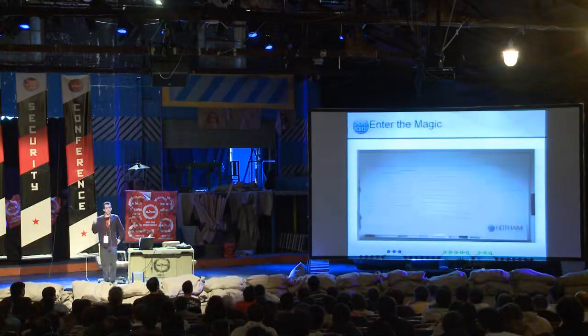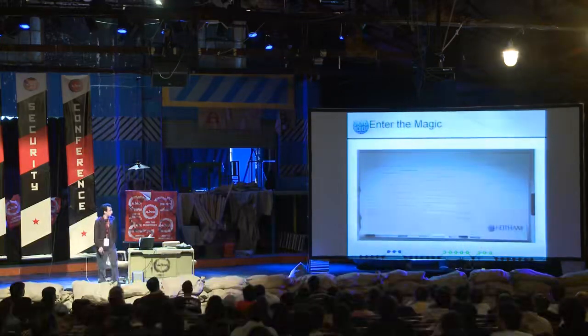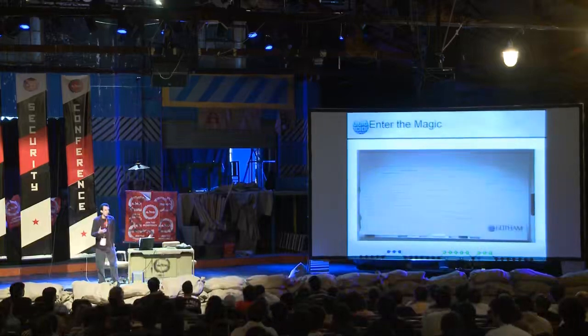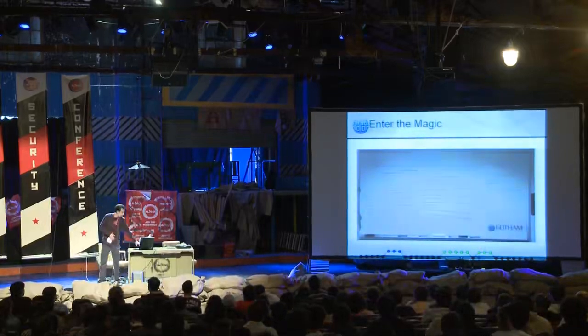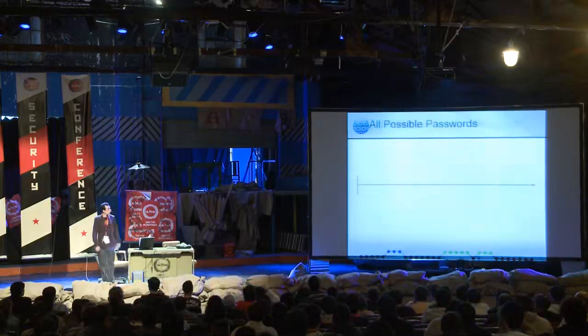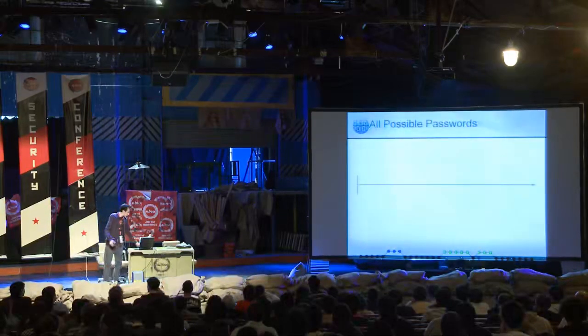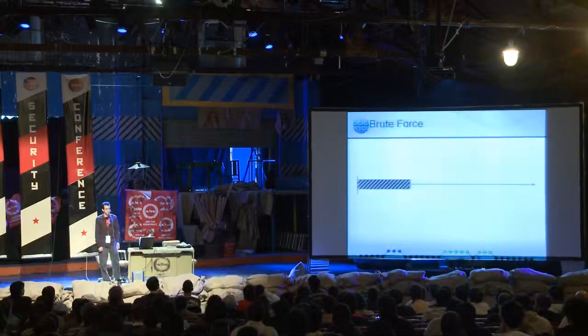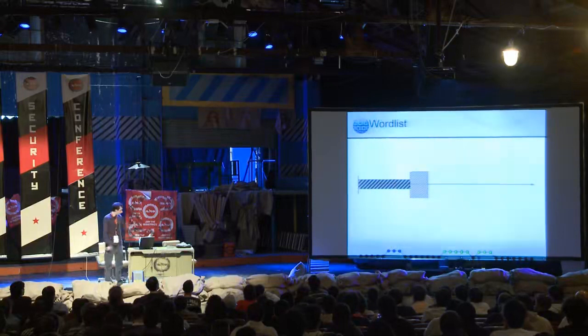And I thought, I have a whiteboard. I can solve this problem. So I thought about how you do password cracking. And this is kind of how it works. If you can imagine this line is all the possible passwords that a user could choose, you're going to do a brute force attack. And then you're going to use a word list. And another one.